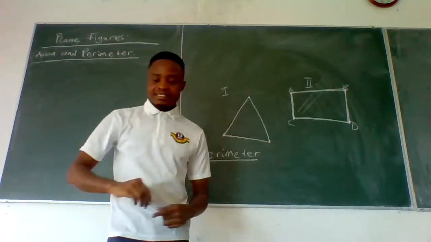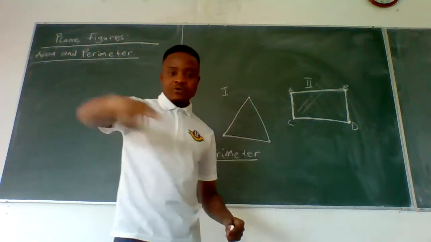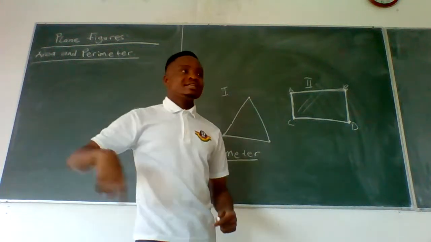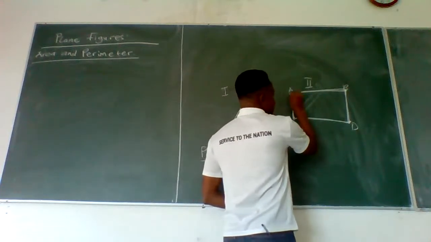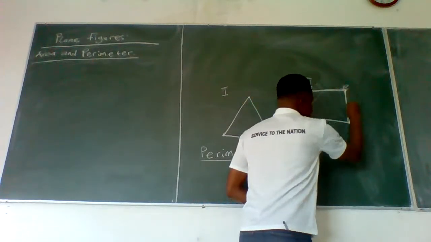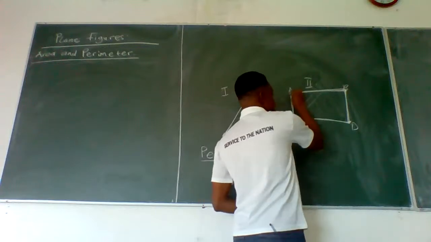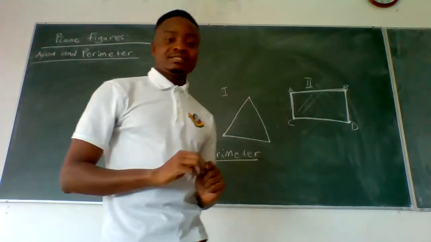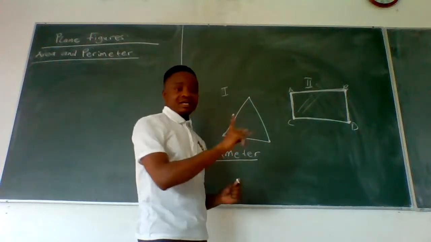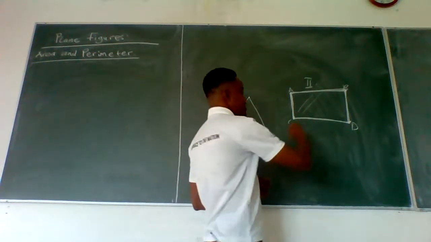It measures the length of the figure. So that's what a perimeter is, and it's just in one dimension because we are just adding this.